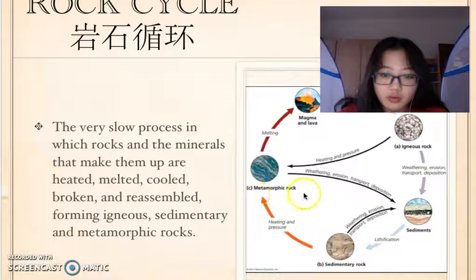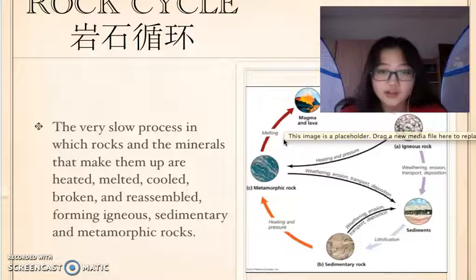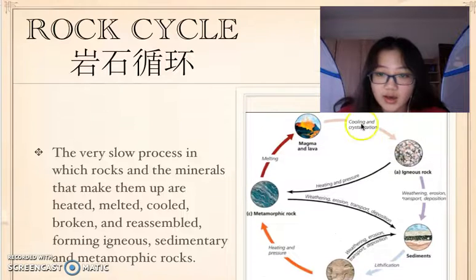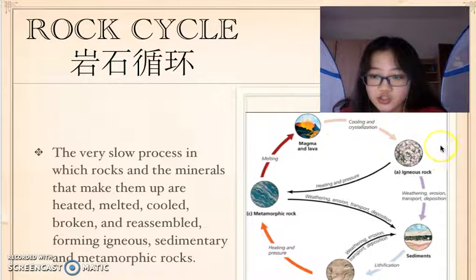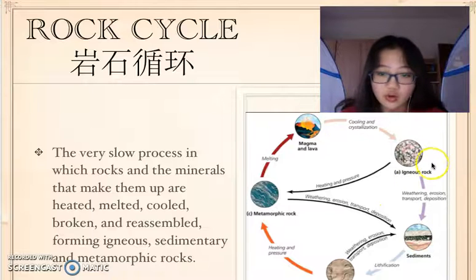And the metamorphic rock, if it meets very high temperature, will melt and change into magma. After the magma cools, through cooling and crystallization, it will change into igneous rock again.